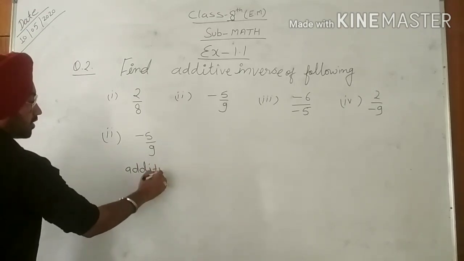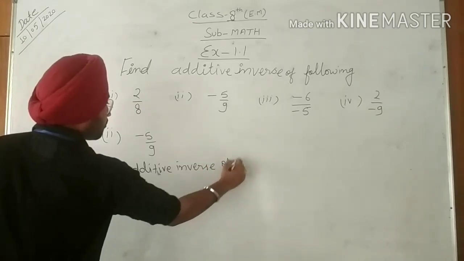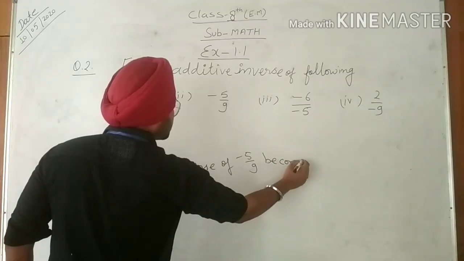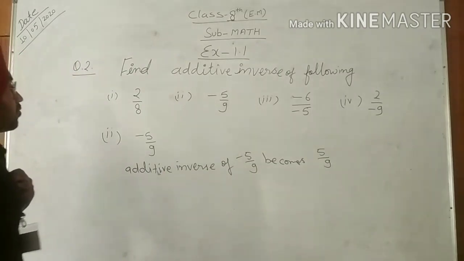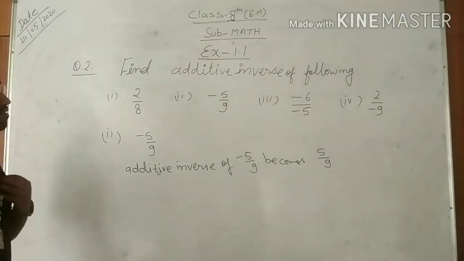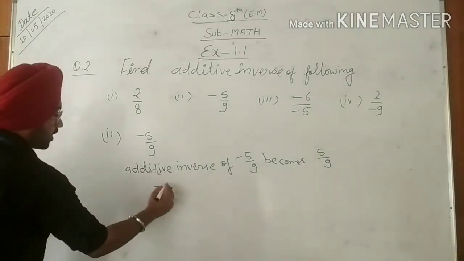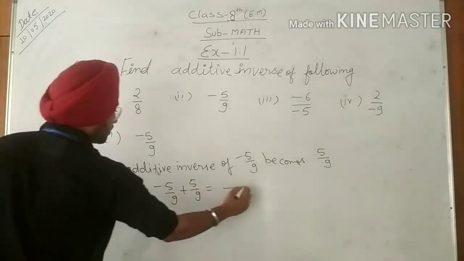So additive inverse of minus 5 upon 9 becomes positive 5 upon 9. If we add both numbers, we get 0 here. Minus 5 upon 9, when added to it 5 upon 9, we get 0 here.